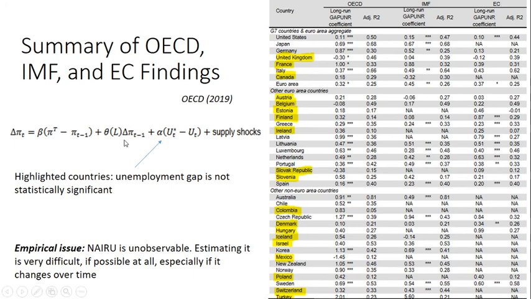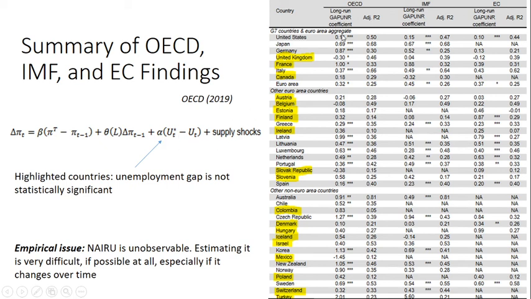Okay, but let's finish, as we should, with the econometric evidence, where we account for other variables other than just unemployment. So now I'm going to summarize work done by the OECD, IMF, and European Commission on the Phillips curve, where in all of these papers they have used various variables other than just the unemployment rate or the unemployment gap, such as controlling for supply shocks.